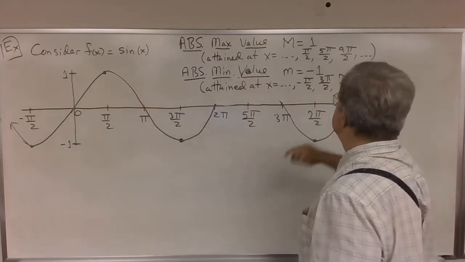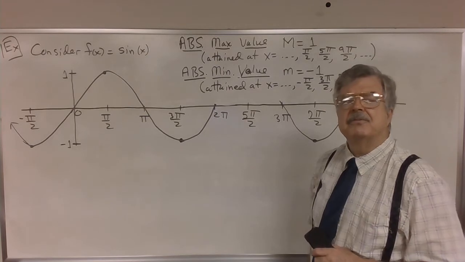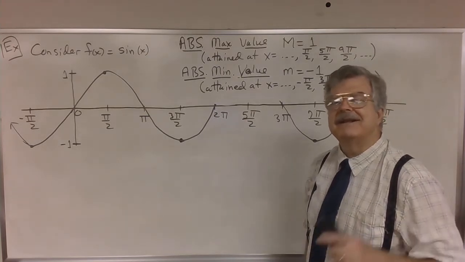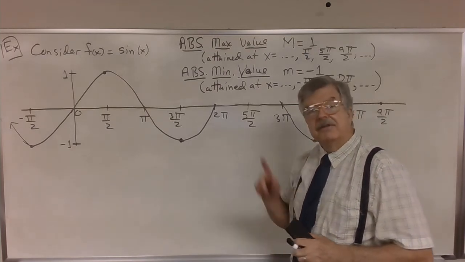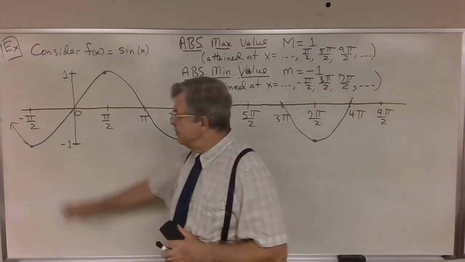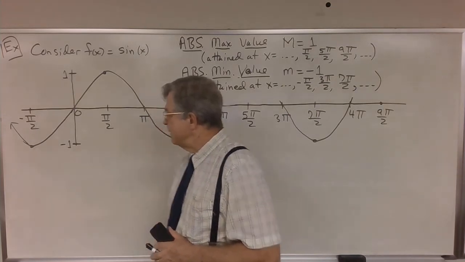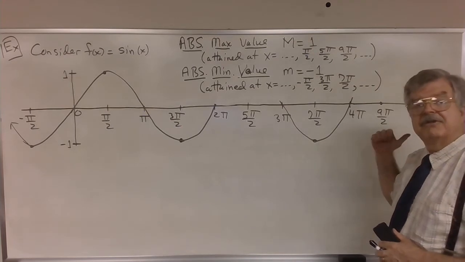Here, here, here. As a matter of fact, the absolute maximum value is attained at infinitely many points on this graph. And the same thing with the absolute minimum value. The absolute minimum value is attained here, it's attained here, it's attained here, and so on.